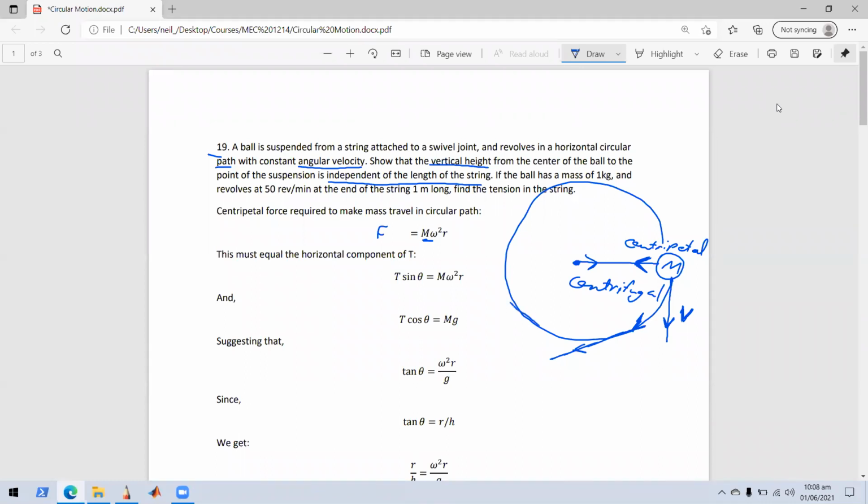So the linear velocity is constantly changing. Its magnitude is going to remain the same, but its direction is going to be changing along the circle, tangential to the circle, right?